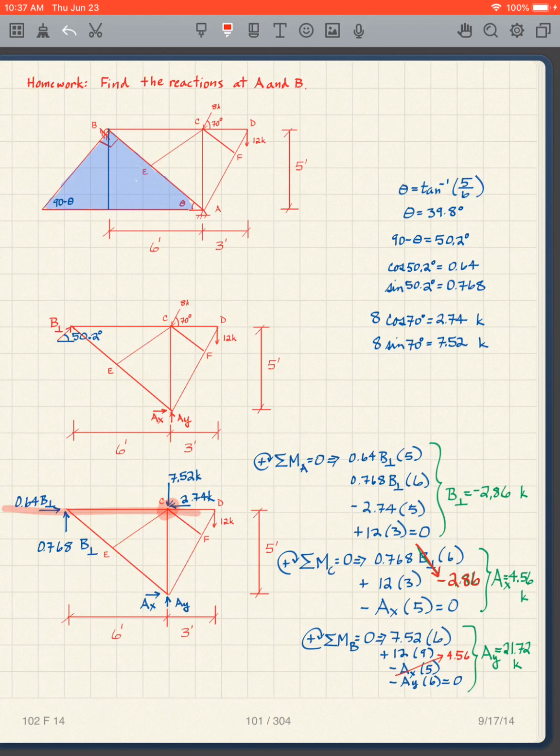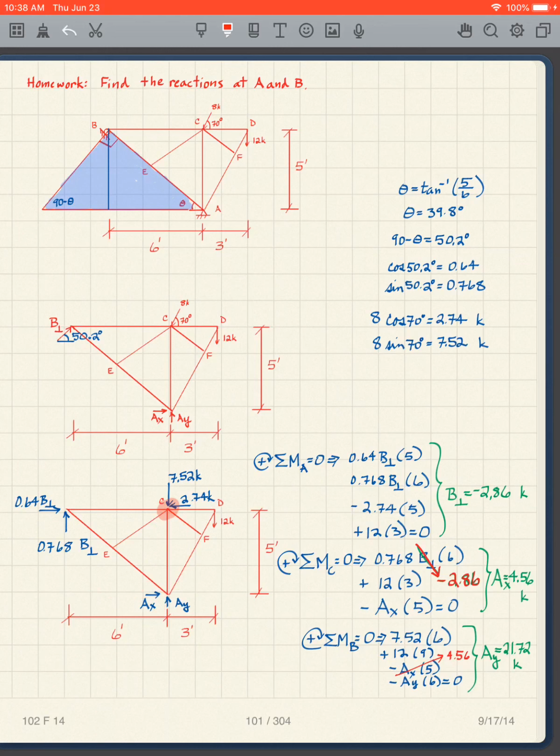This one goes through the point, so I don't need to consider it. I have this force times this distance, that distance there, the same as that. And I have the AX times that distance.